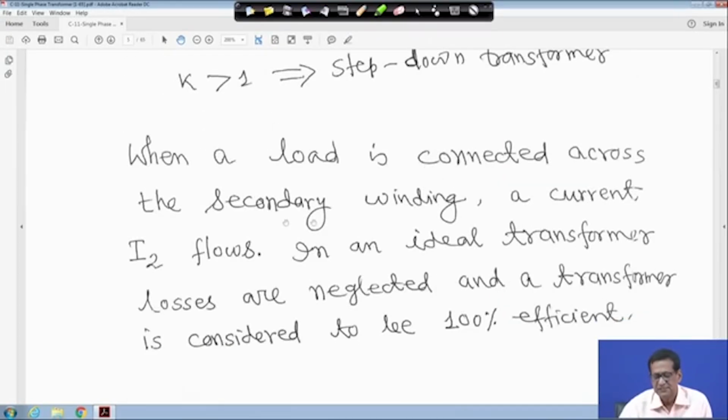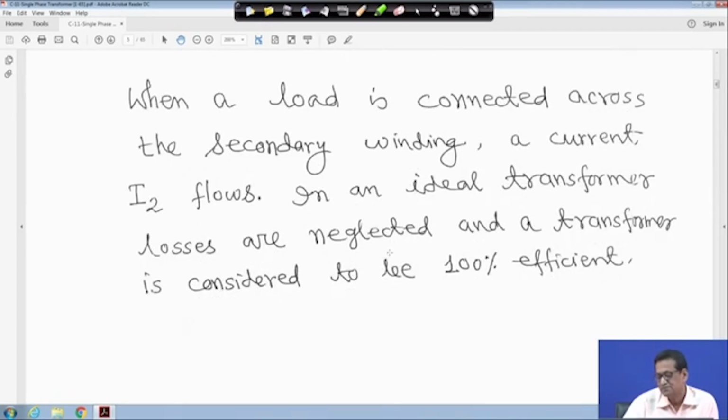Now, when a load is connected across the secondary winding, a current I2 flows. Whenever I am explaining this, first draw the circuit diagram in the beginning, the ferromagnetic material, the core and the winding, and then look at this. In an ideal transformer, losses are neglected and the transformer is considered to be 100% efficient.